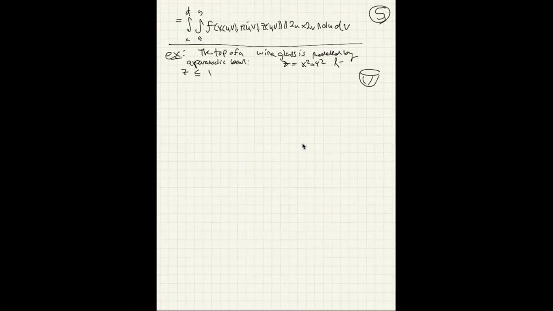That's my parabolic bowl. So we're going to need to come up with a parametrization of it. That's okay. It's in your notes somewhere, so we won't spend too much time on it. I promise it's in your notes.